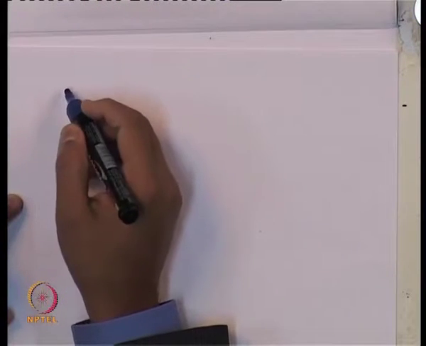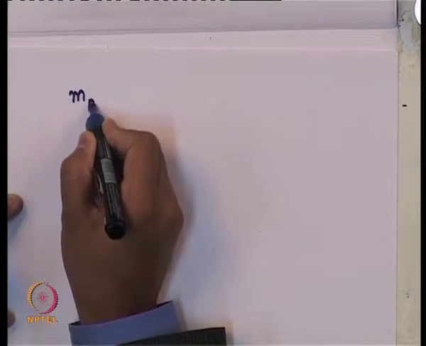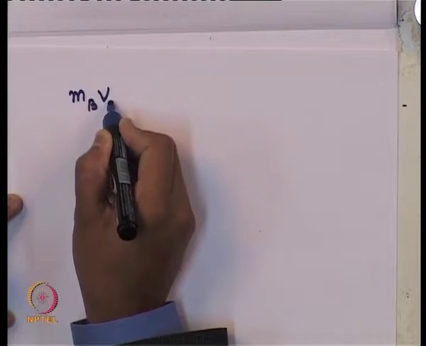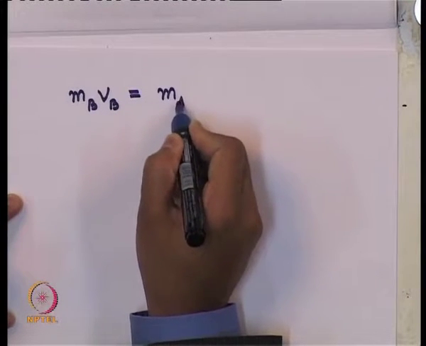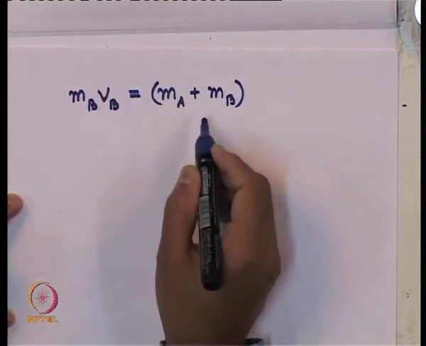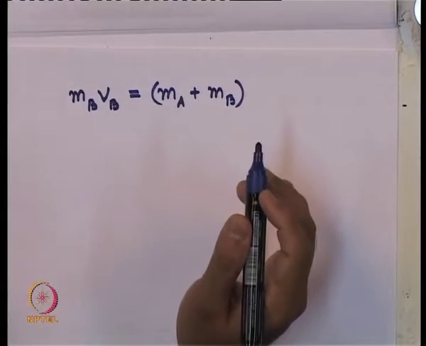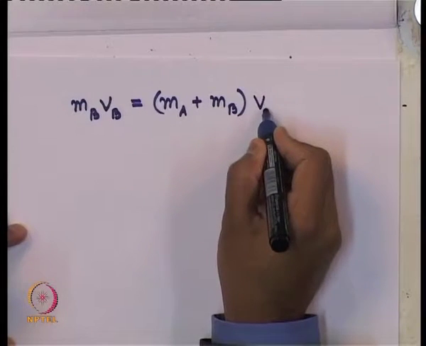So, from the equilibrium of momentum, mass of B times the velocity with which it is striking should equal mass of A plus mass of B combined together, because after the impact they are together, times the velocity, let us say V naught.